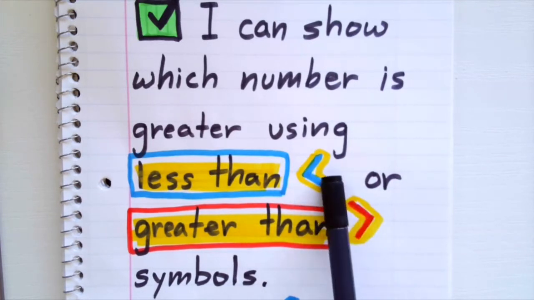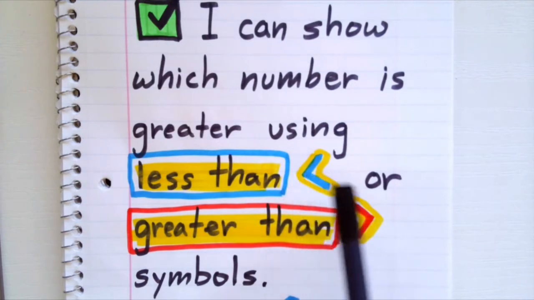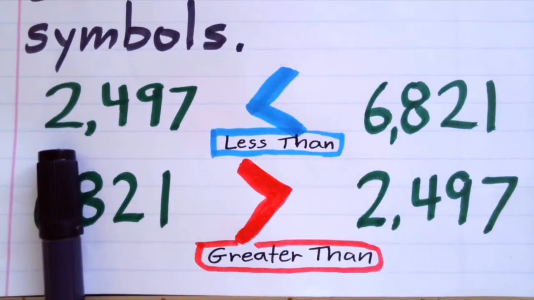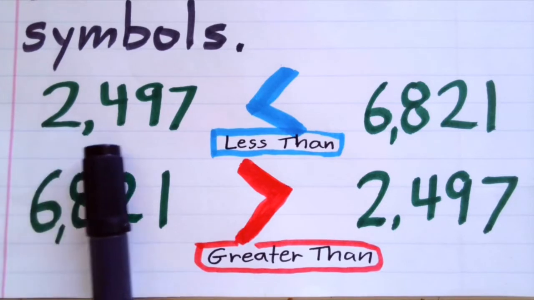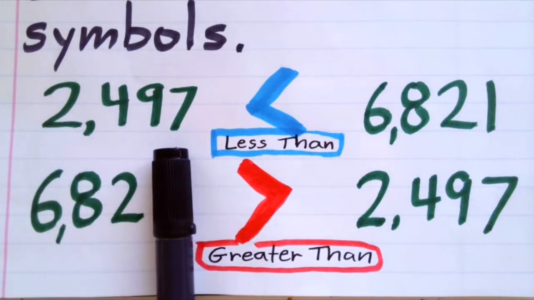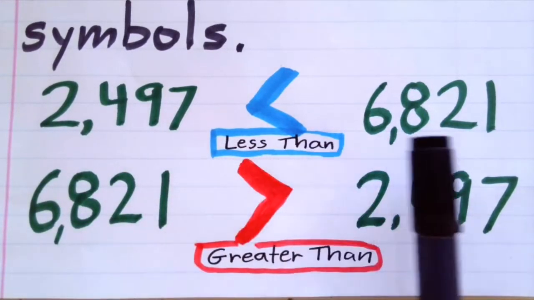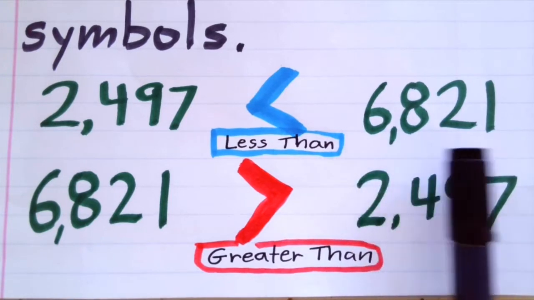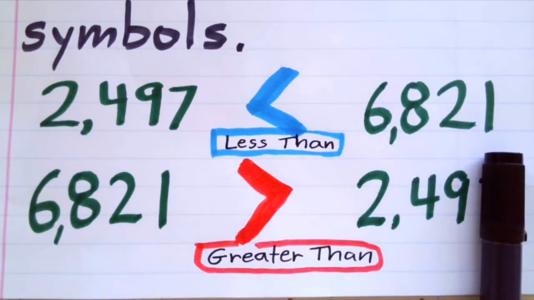These two symbols mean less than and greater than. Let's look at an example of how we use them. This number 2,497 is less than 6,821.